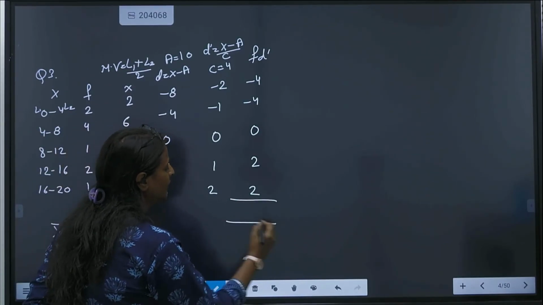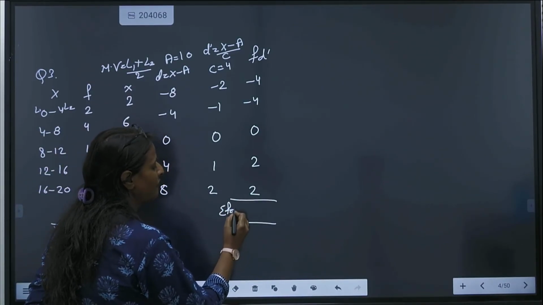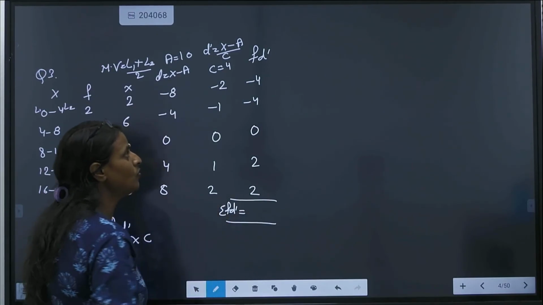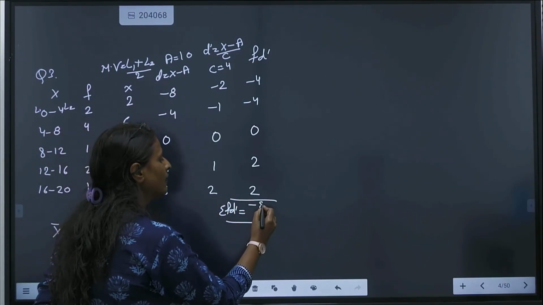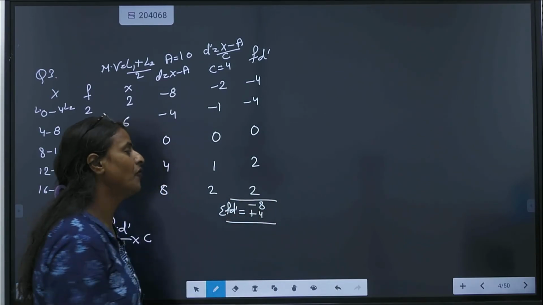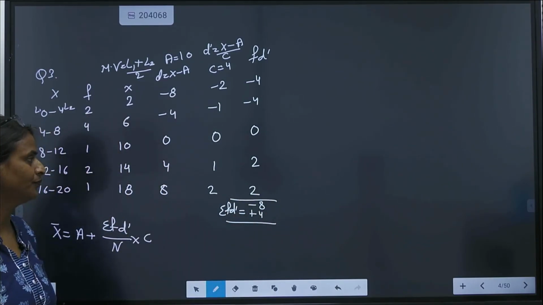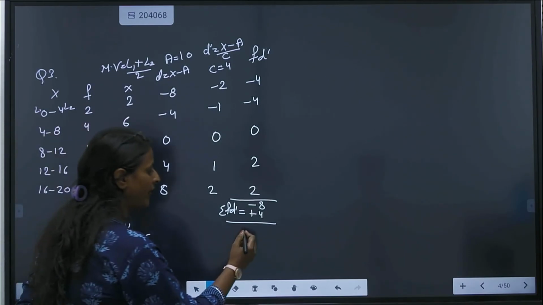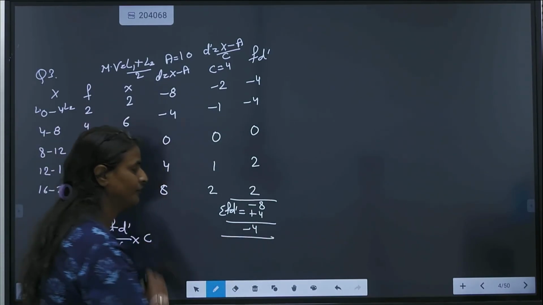Now we add this. Sigma f d dash equals to minus 8 and plus digits are plus 4. Okay, so we find out minus 4.